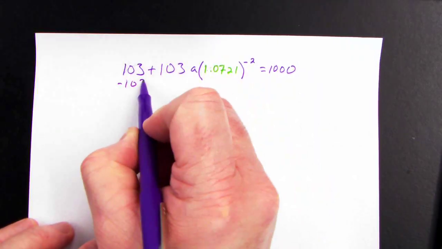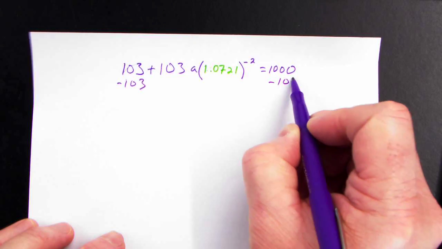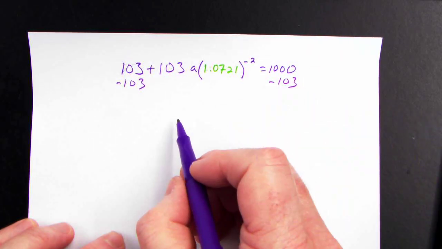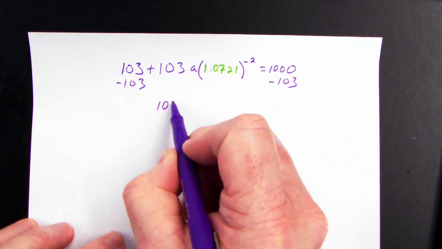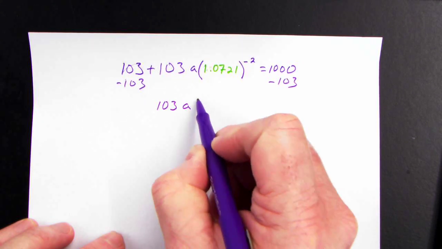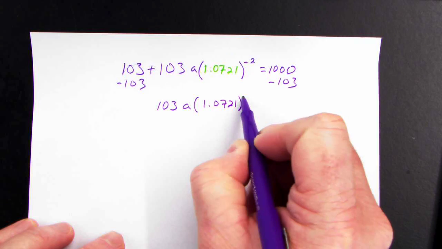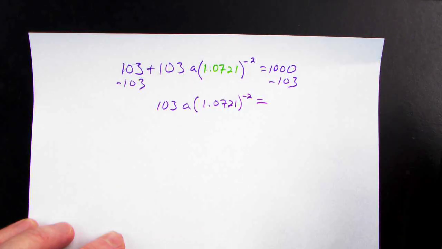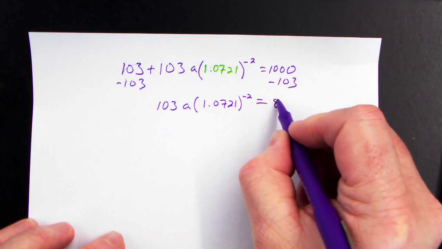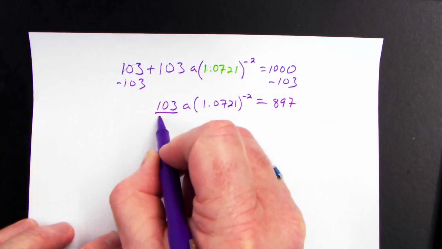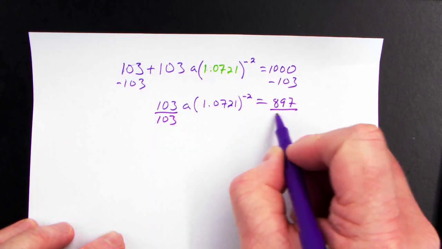Subtract the 103. That gets me to 103 times a times 1.0721 to the negative 2 equals 897. Divide by 103.